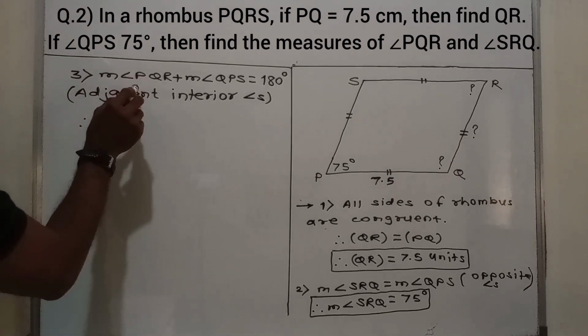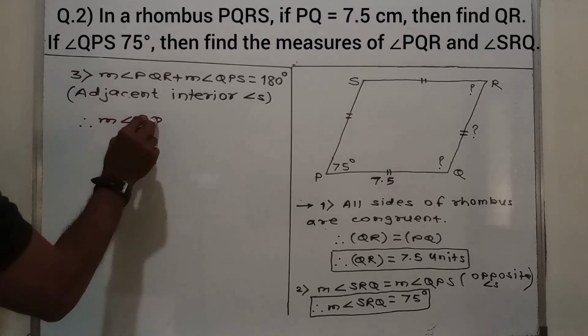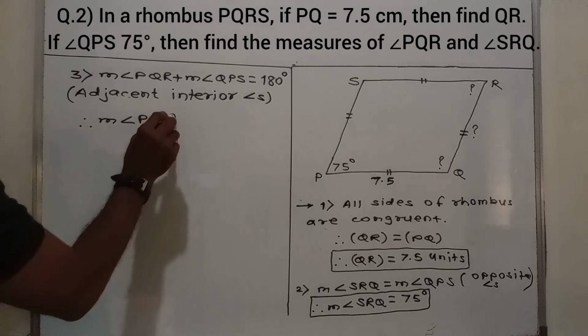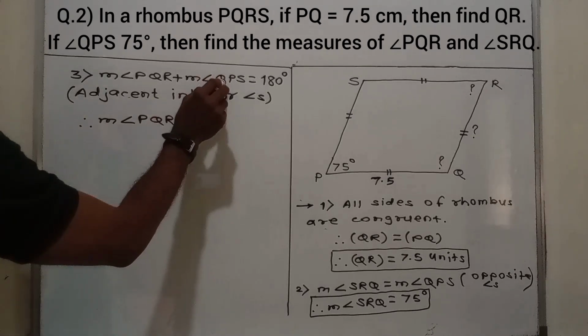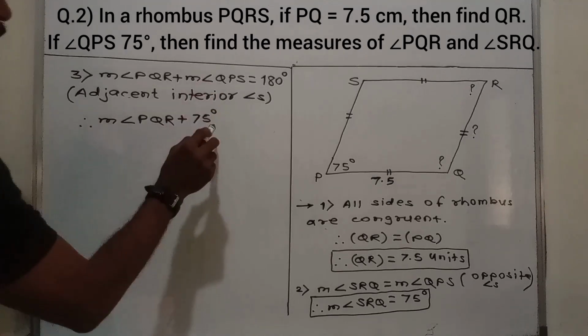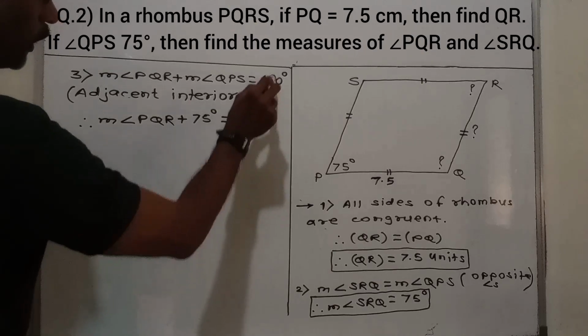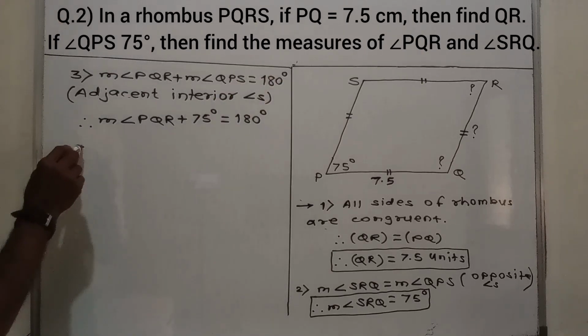Therefore, measure angle PQR plus measure of this QPS, 75 degree, is equal to 180 degree.